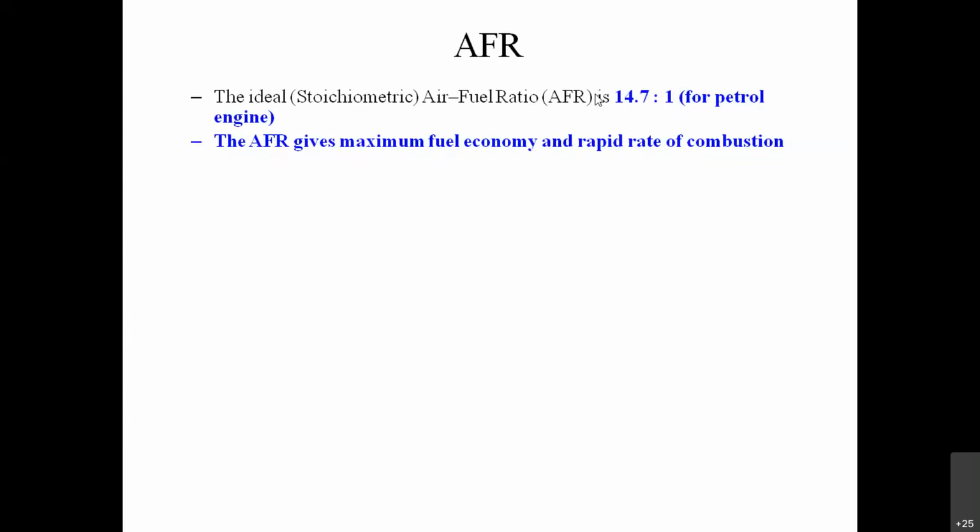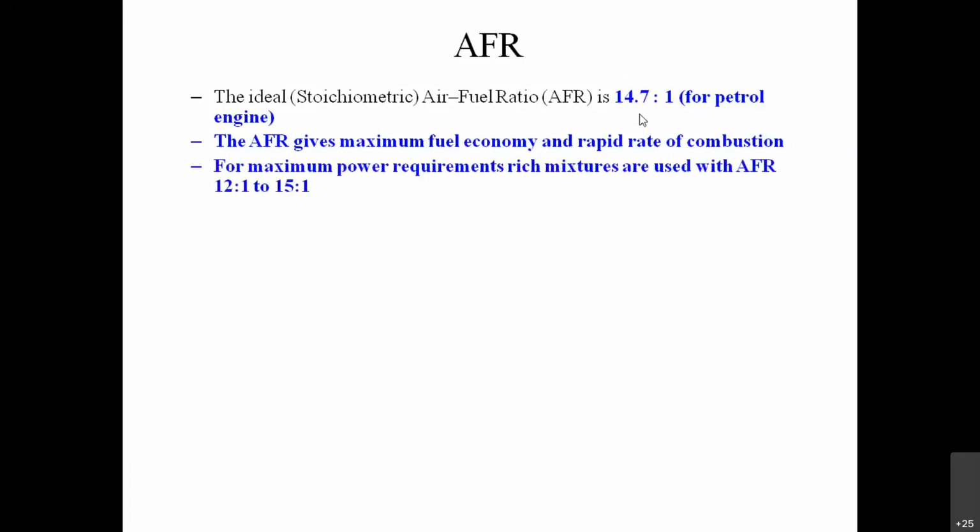This is the ratio used for SI engine, and for CI engine it will be 20:1. If this ratio is less than this, it is known as a rich mixture, and the ratio greater than this is known as a lean mixture.